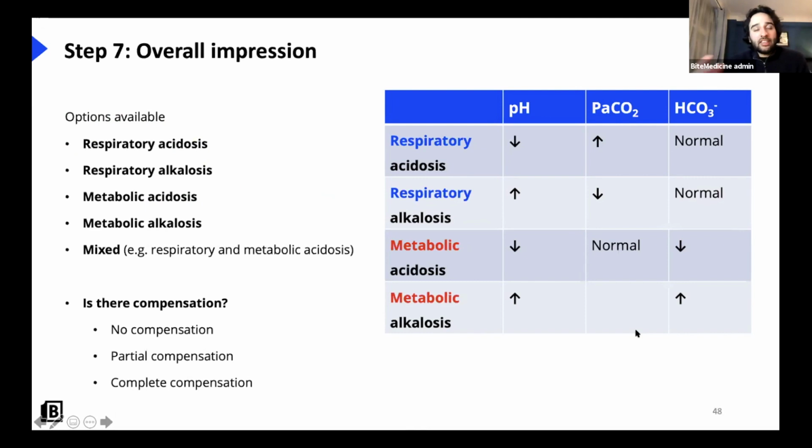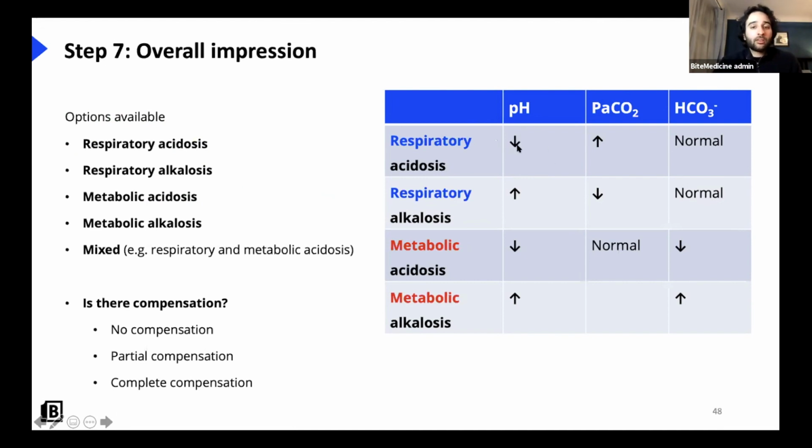So I see Georgia saying, can you explain how to establish which is the primary component? The first thing, like we've discussed through this whole process, well, after hypoxemia, you're going to be looking at the pH. If the pH is low and the PaCO2 is high, you know that's a respiratory acidosis, and that's your primary problem.